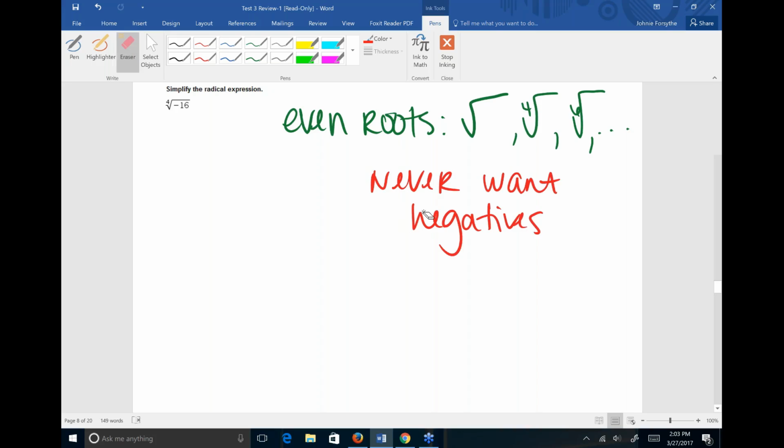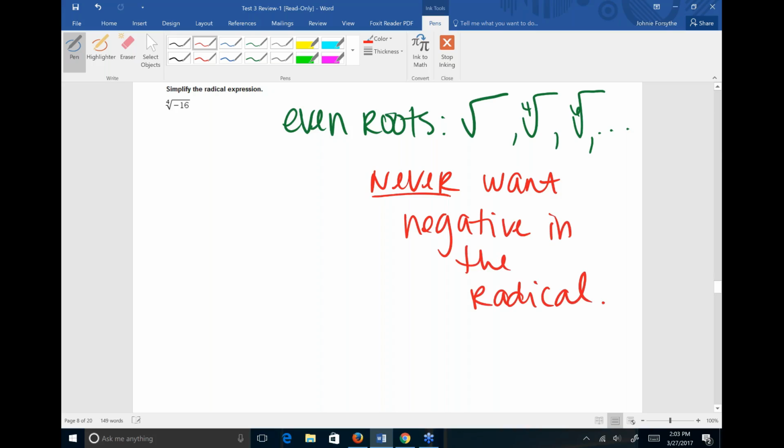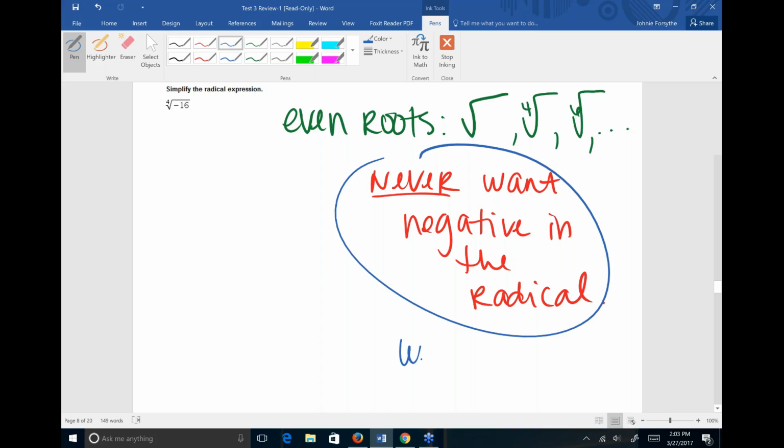We never want a negative in the radical. So if that happens, that means it's imaginary or no real numbers or undefined. Okay? So if this ever happens, that means that it is undefined.